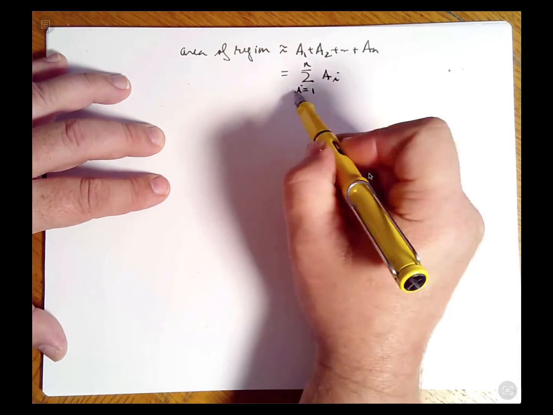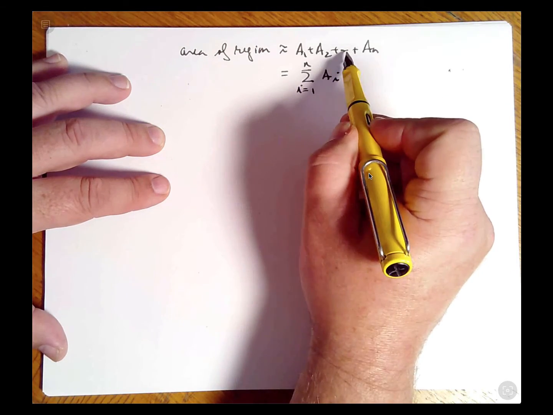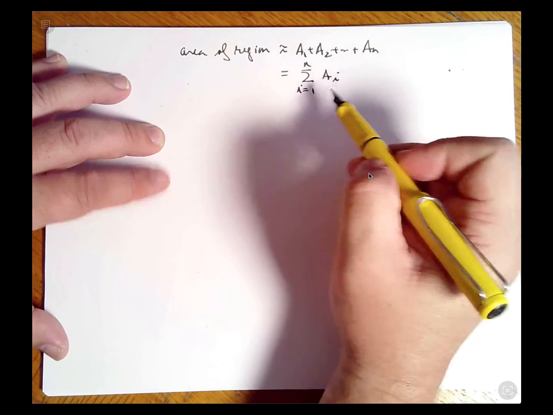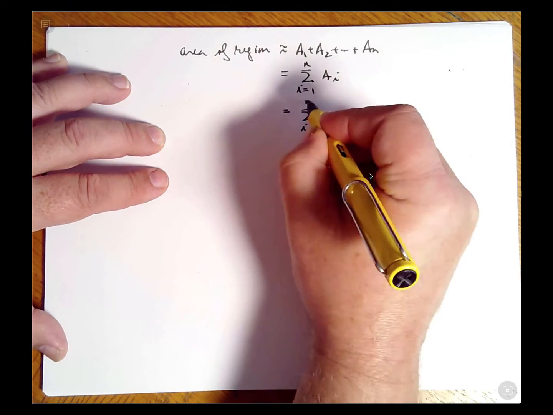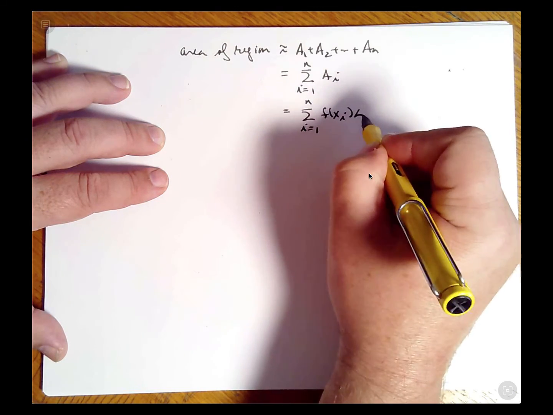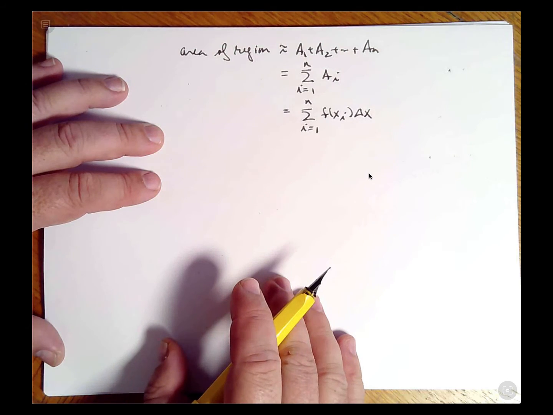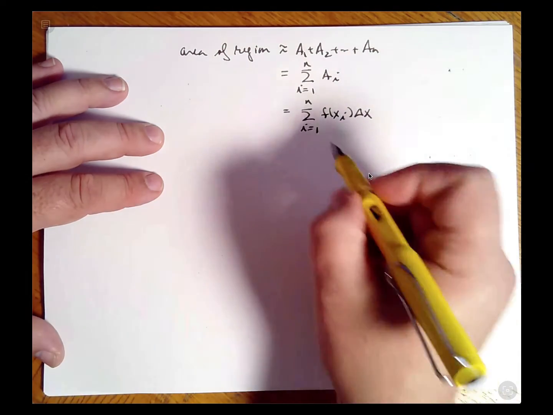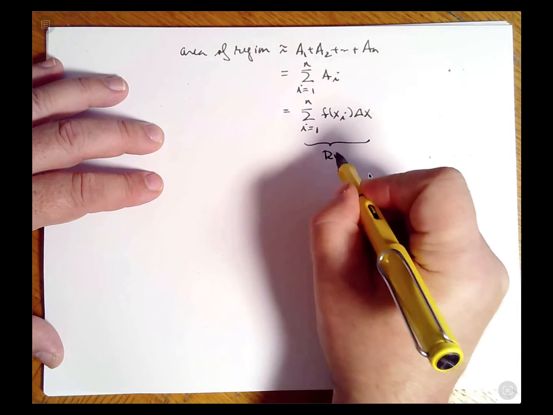This is sigma notation for this, right? I got the ellipses, the dot, dot, dot. And now here, I can also write in my formula for my areas of each rectangle. And this, my friends, is what we're going for. This expression right here is called a Riemann sum.